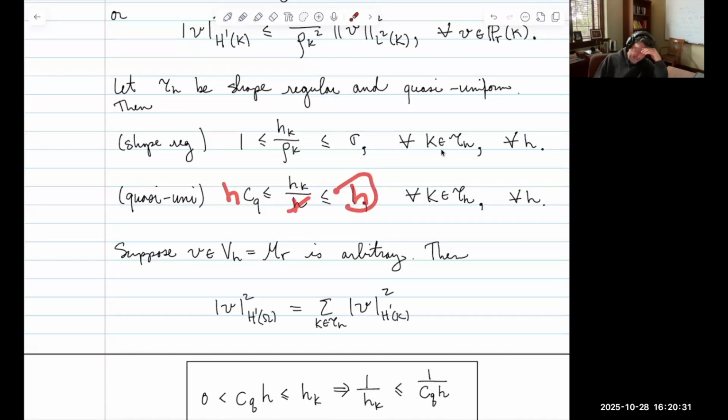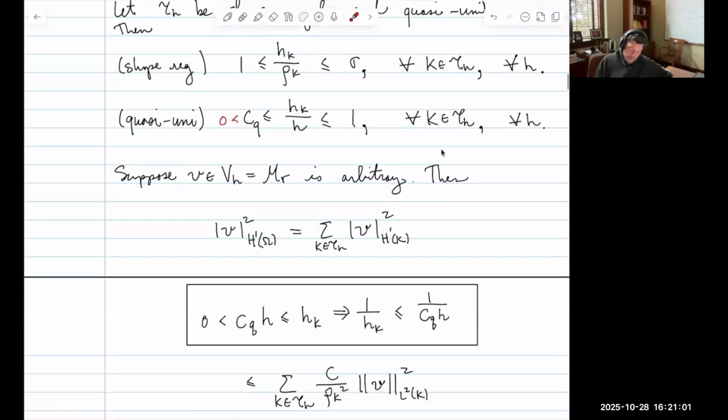This just says that h is bigger than h_K. Well, that's by definition, it's the maximum. So the real meat is this guy here: h_K is bigger than some c times h, where c is some number greater than 0. And this holds for any triangle in the mesh and for any mesh that I want to generate in that family of meshes.